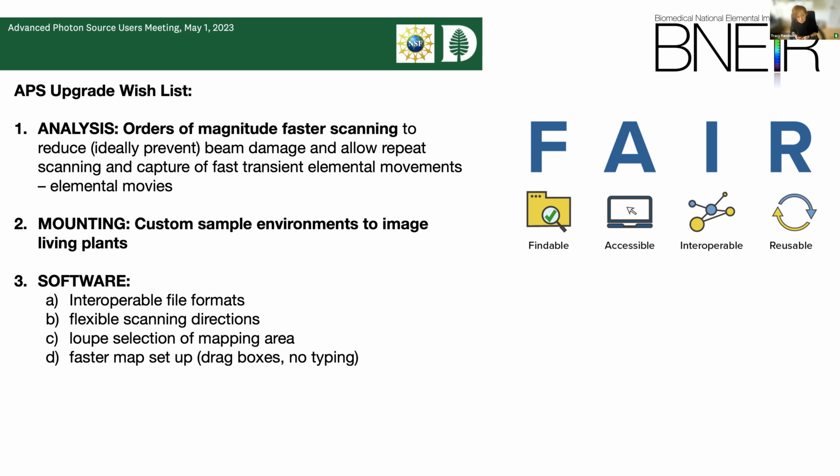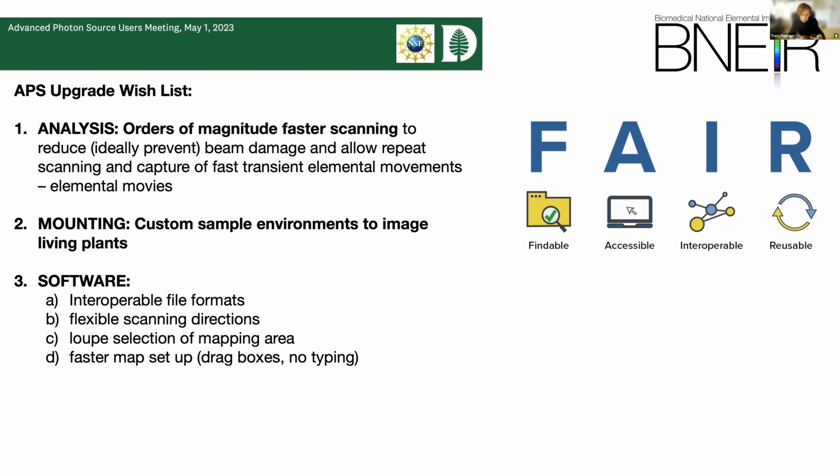One of the other things that I would love to see in an upgrade is huge upgrades to the software, especially interoperable file formats, so that we can take that data away and look at it in other elemental imaging applications. I already mentioned I would really love to see flexible scanning directions.